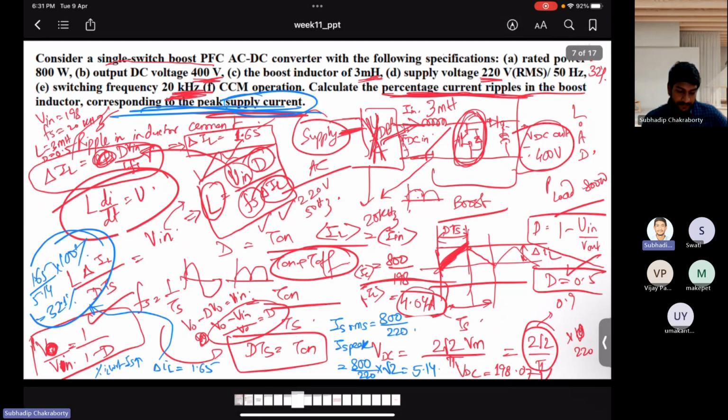Any doubt in this problem? Yes, any doubt?